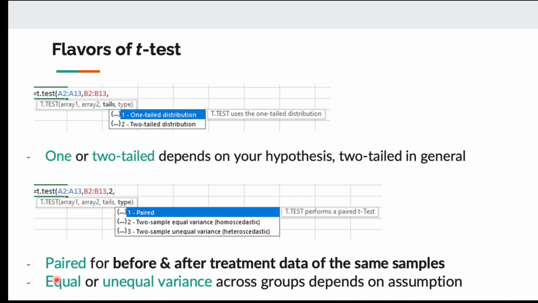But if you disrupt the gene regulation, like the epigenetics, your gene might be more variable. Instead of a stable expression, it might go up and down because you knocked out the regulatory factors that govern it. So it depends on your assumption. You can select either, but usually it's safer to do unequal variance.